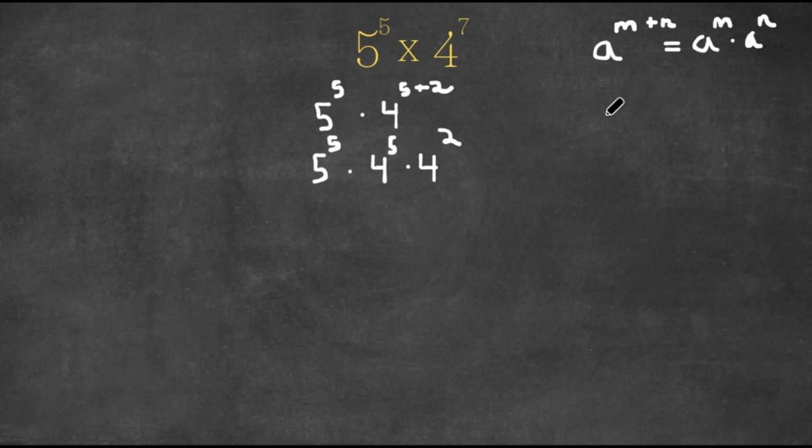Now, another property is that if we have a to the power of n times b to the power of n, this is equal to a times b in parentheses to the power of n. So right here we have 5 to the power of 5 times 4 to the power of 5, and 5 in this case is n, and 5 and 4 are a and b respectively.